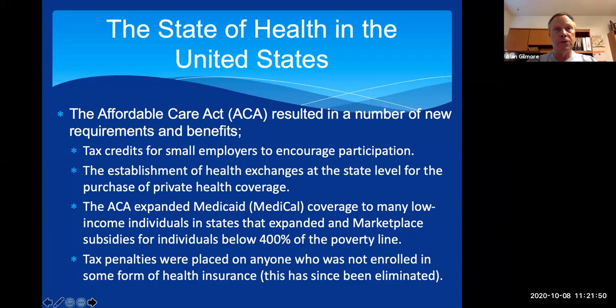And the older you were and the more money that you made, as long as you had not secured health insurance, the higher the tax burden would be. And over the last several years, that provision of the Affordable Care Act has been eliminated. But it was, at the beginning, one of the most controversial pieces about the Affordable Care Act.